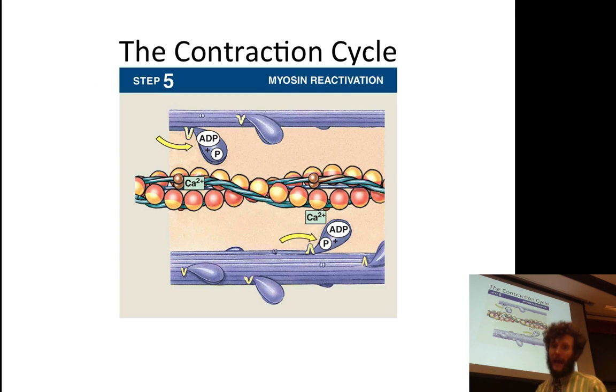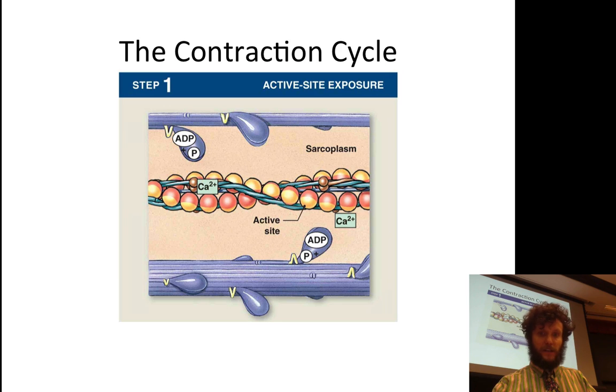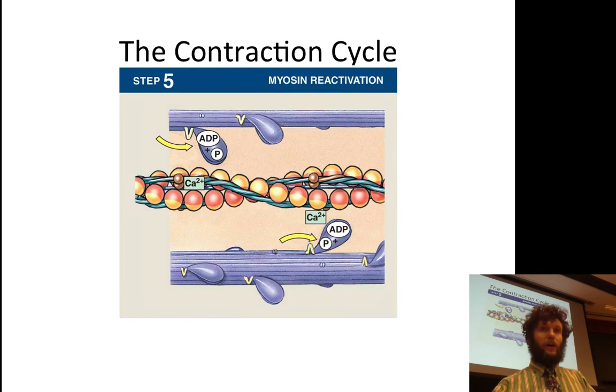As long as there's still calcium bound to the troponin and the tropomyosin is off the active site, this situation here is the same as this situation here, step 1. So we can go through many cycles of this now.